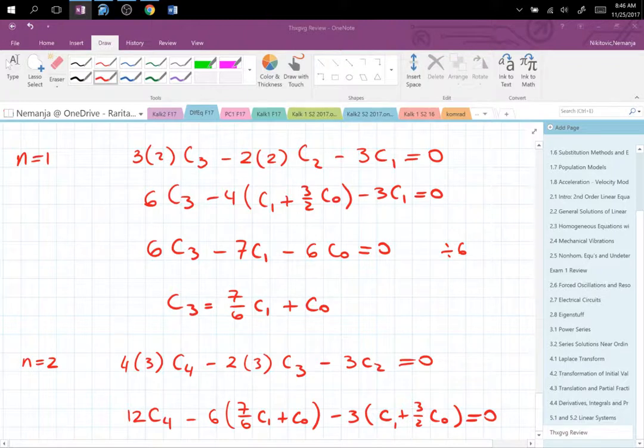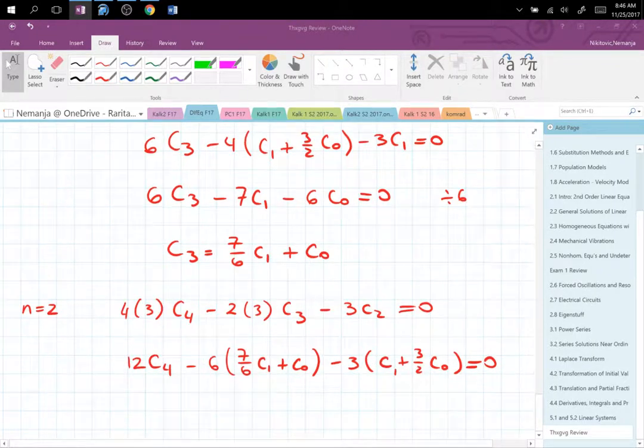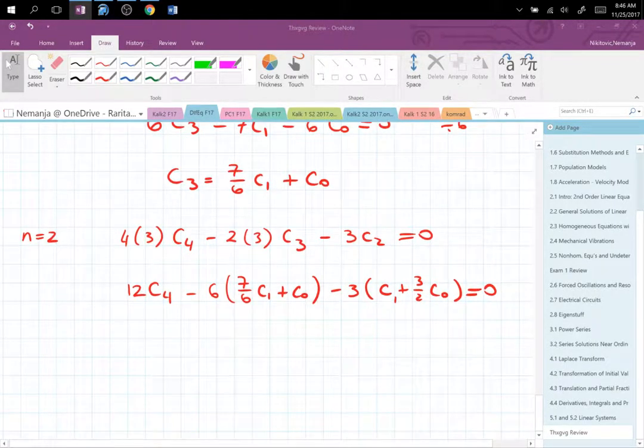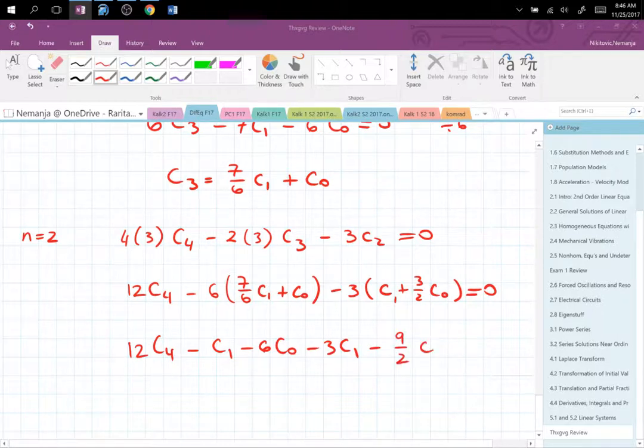So I plug in everything, work it out, see what works. 12 c4 minus c1 minus 6 c0 minus 3 c1 minus 9 halves c0 equals 0.